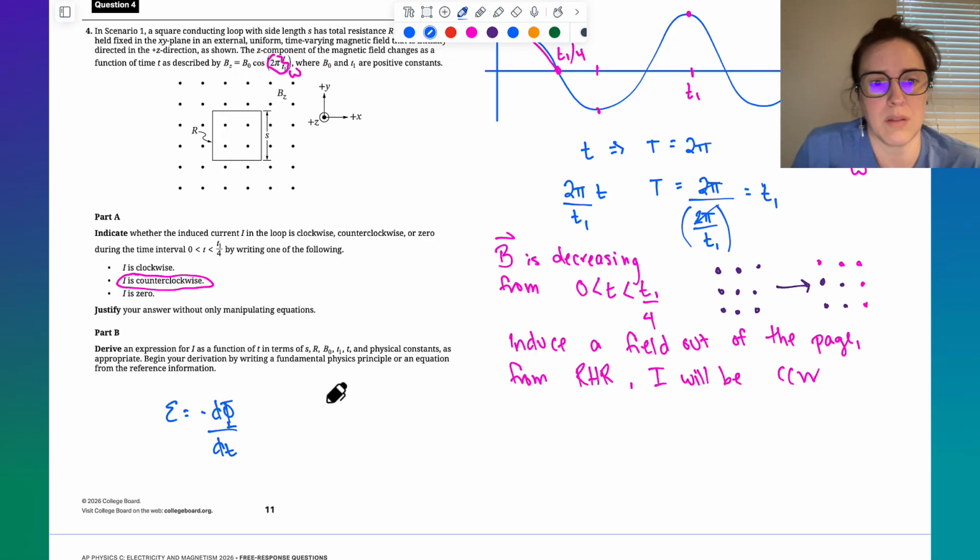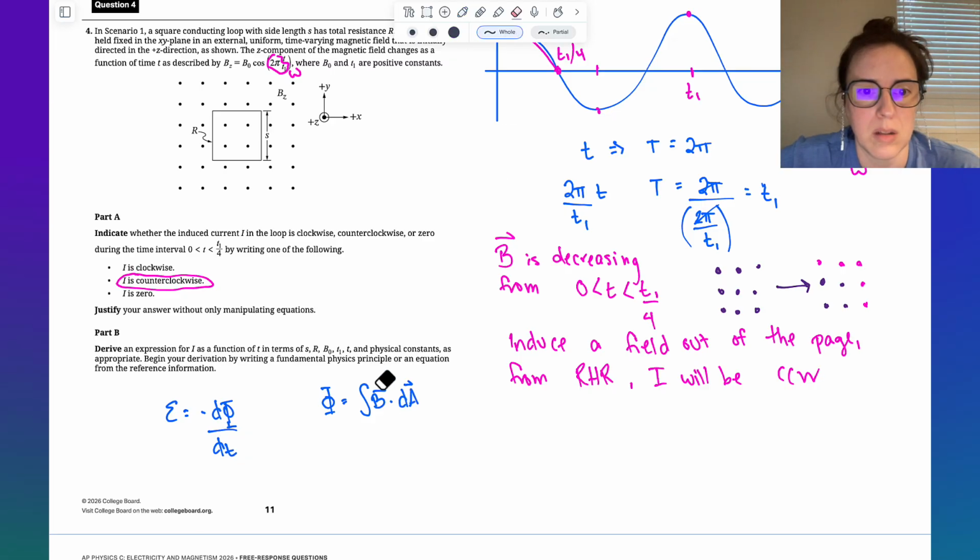So first we want to figure out our flux. Our flux is technically the integral of B dot dA. In this case, my field and my area vector are parallel, so that's just going to be B times dA. And B only changes with time. It does not change with position.